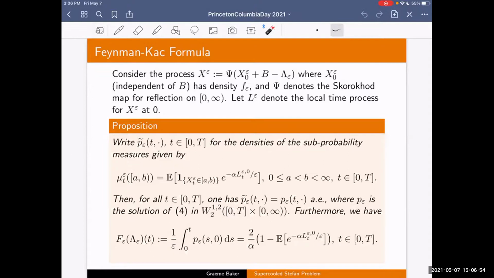And the really nice equation that we get out of this, this is sort of the most beautiful part of this project, is that f epsilon of a given lambda can be expressed as this functional of the local time. And so this is beautiful. It not only holds for the limiting regularized boundary lambda, but we can put any lambda into it.